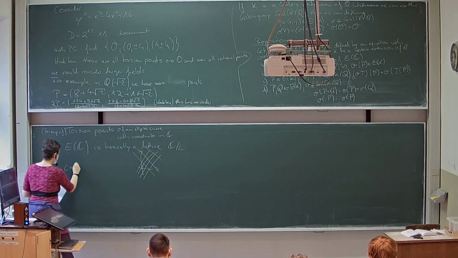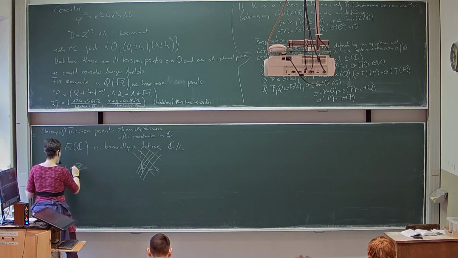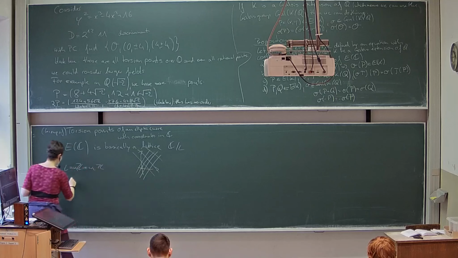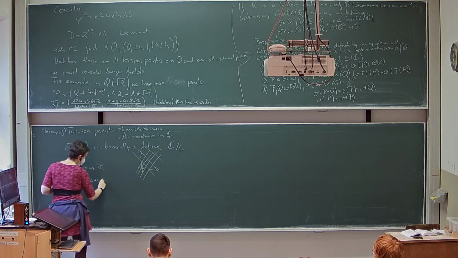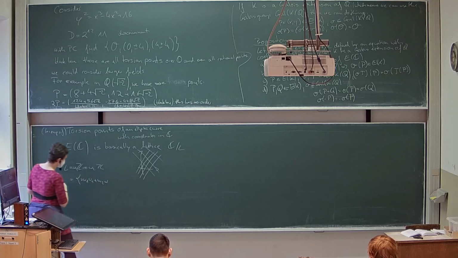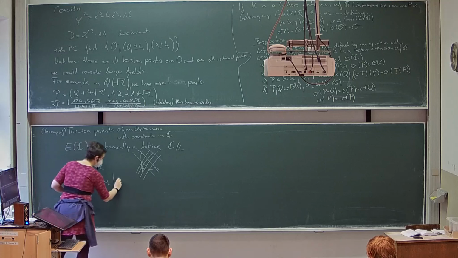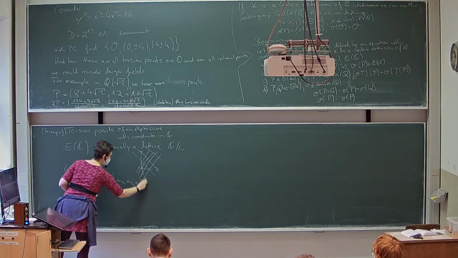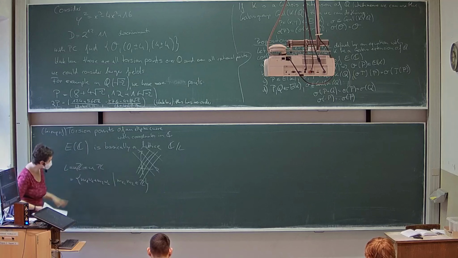So L, you'd write it like this. Okay, so a lattice is kind of like a vector space.